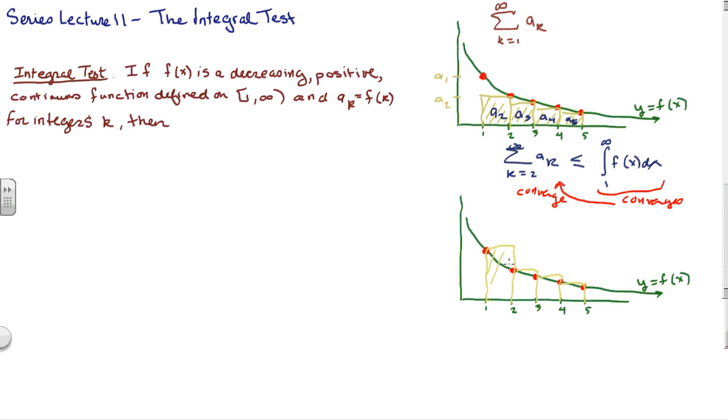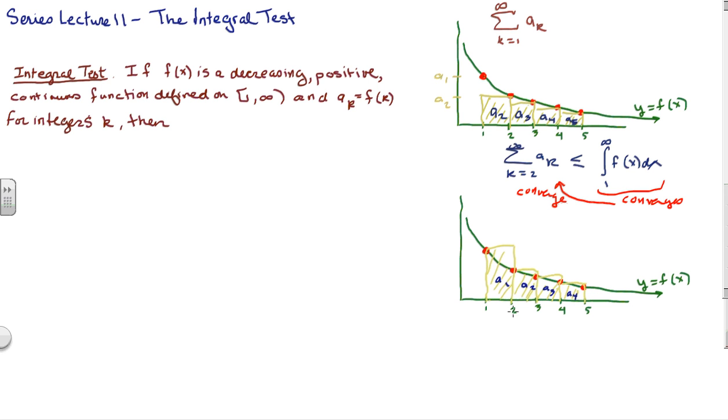So let's look at these rectangles instead. So here we've got the left endpoint coming up to the graph. And if I look at those rectangles, well, again, we can find the areas of those. The width of each of them is 1. The height of the first one is A1, so 1 times A1 is that area. The height of the second one is A2. Height of the third one's A3, and so on down the road.